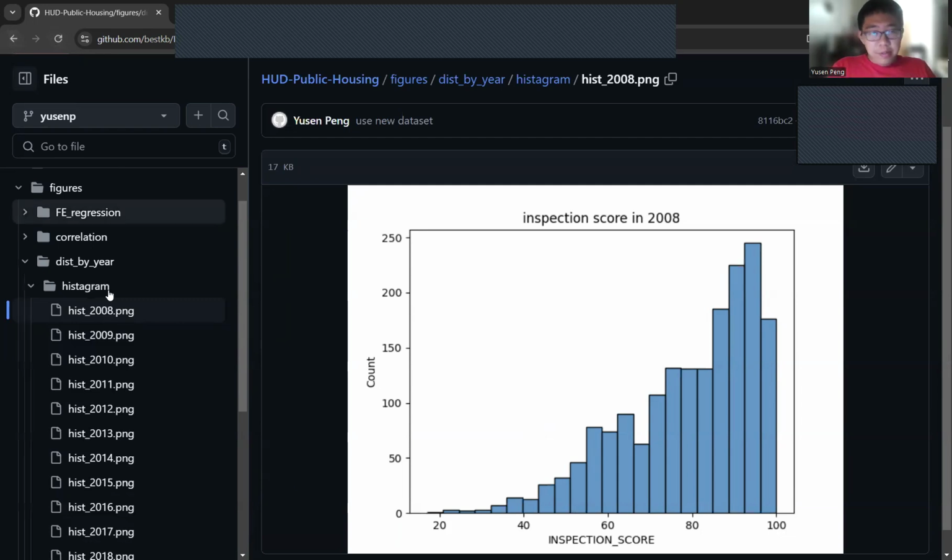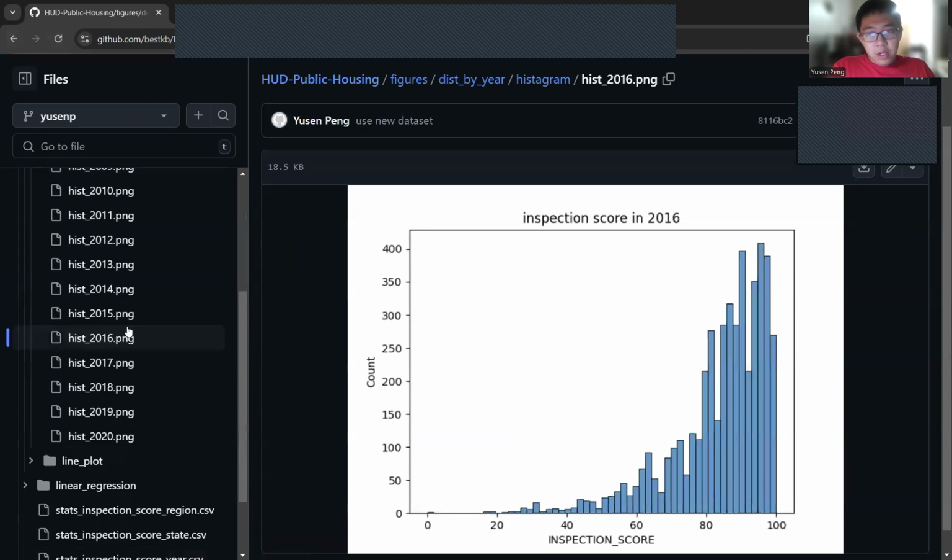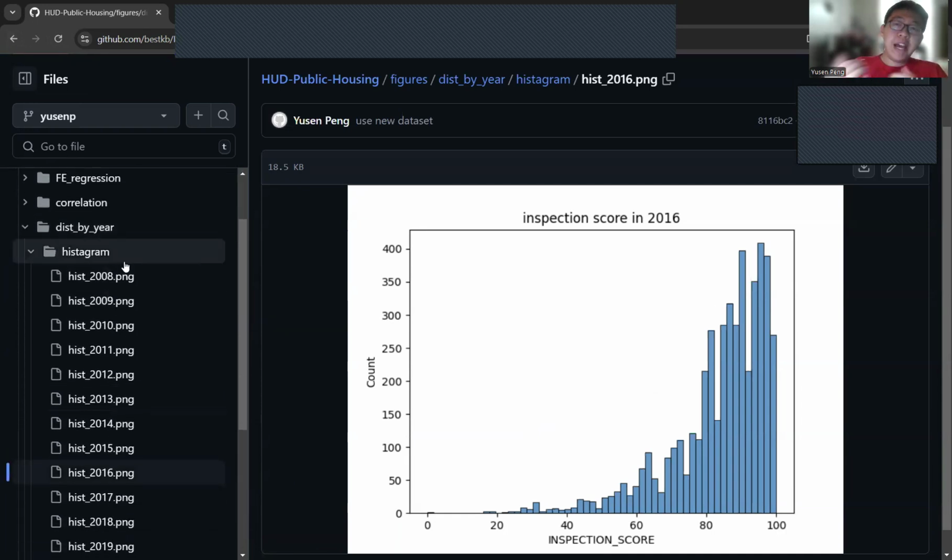It's very important because before analyzing data, we have to do some basic visualization for it. And this is by year. Every year we have a different inspection score histogram, a different distribution over the United States.